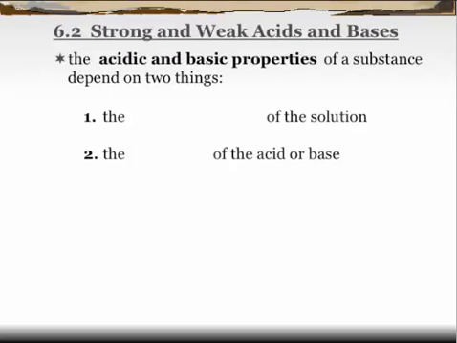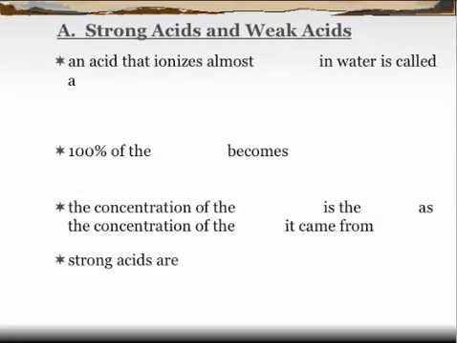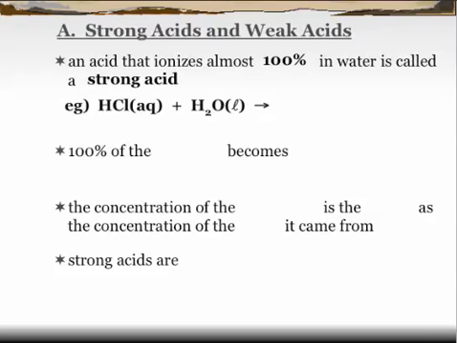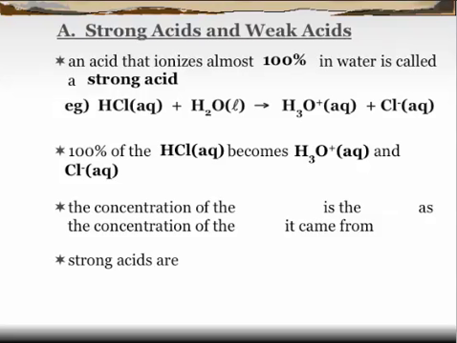Now, the acidic and basic properties of a substance depend on two things: the concentration of the solution and the identity of the acid or base. Now, an acid that ionizes almost 100% in water is called a strong acid. So for example, here we have hydrogen chloride, or HCl. 100% of the HCl becomes hydronium and chloride.